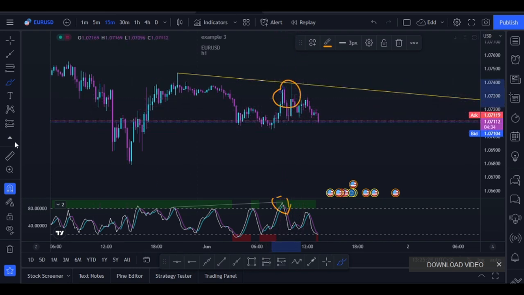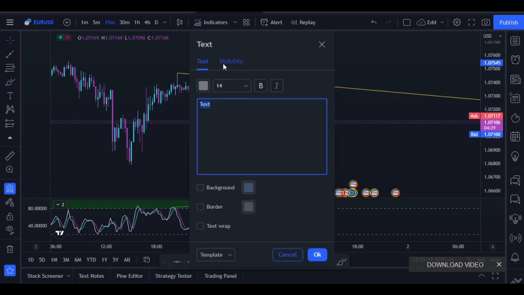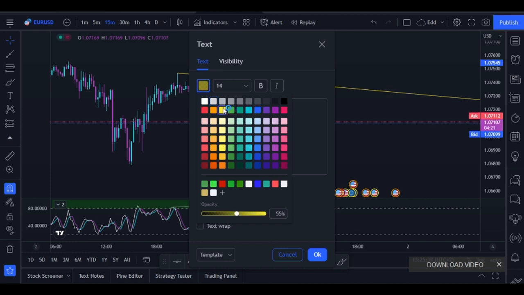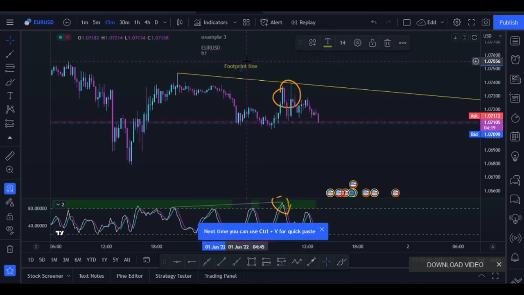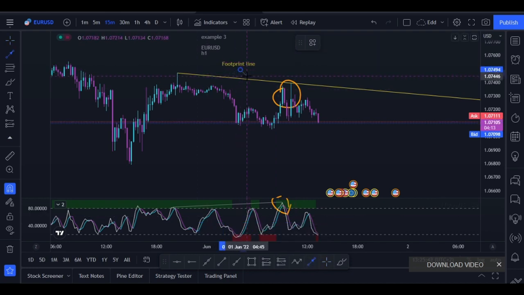And okay, let me just type this up. Footprint. Okay, here's the footprint line. Let's make this yellow. Let's draw an arrow to that. Here.